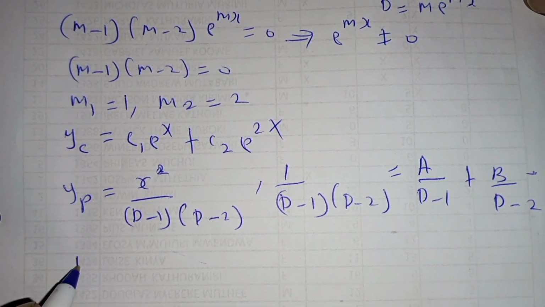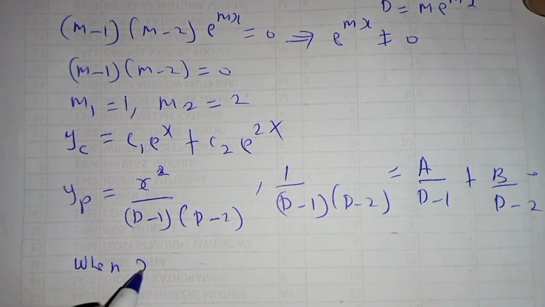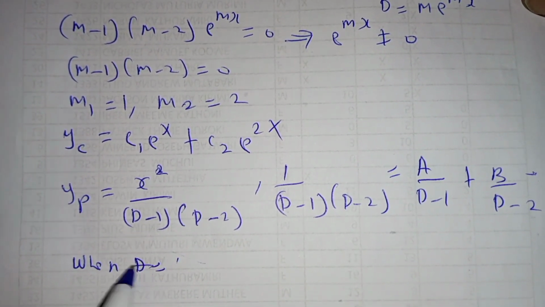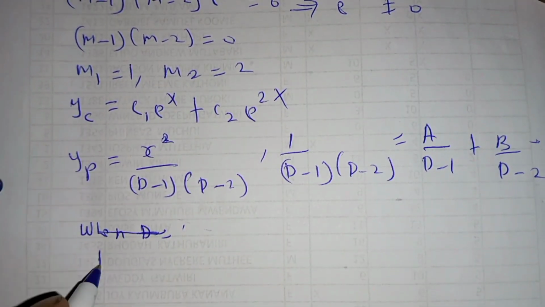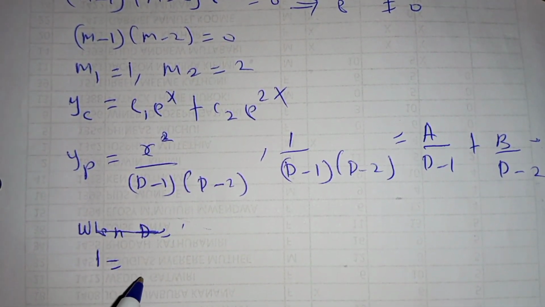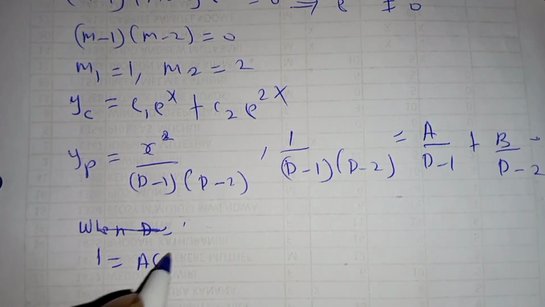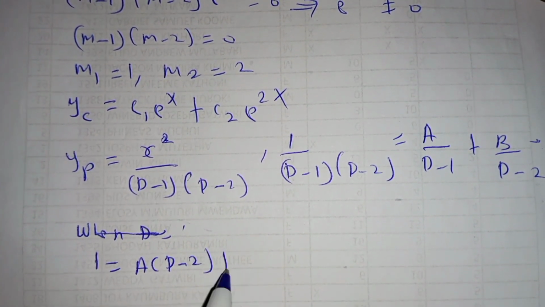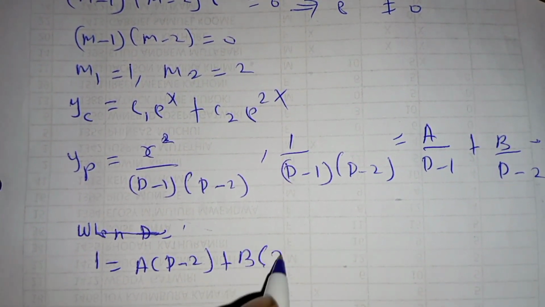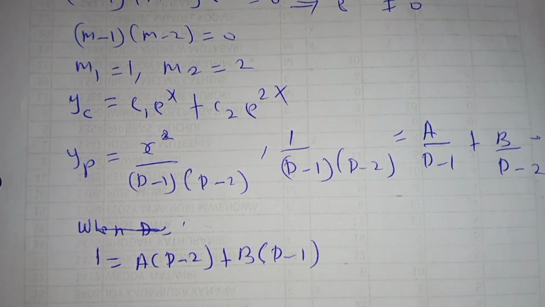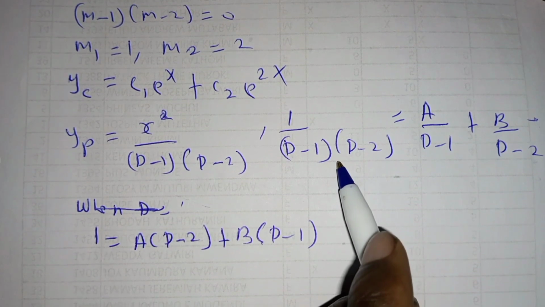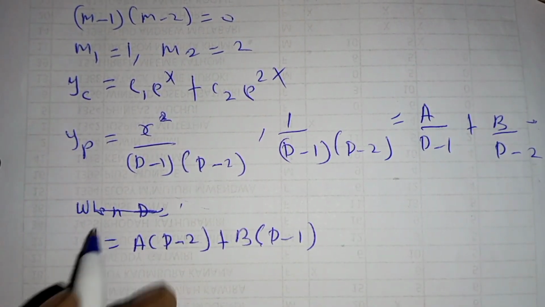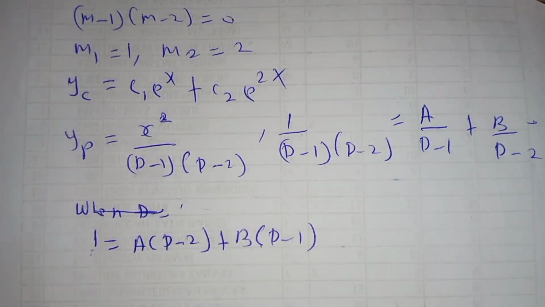Before we go to this step, we write it this way, that 1 is equal to A(D - 2) plus B(D - 1). So I am multiplying by this denominator on both sides, so that here we can be left with the 1.